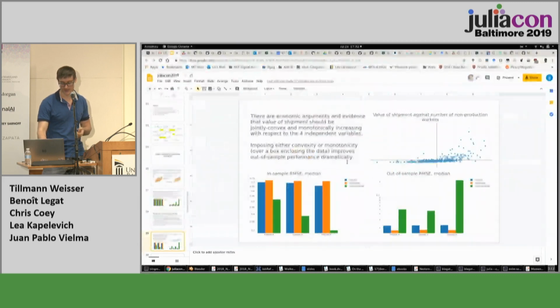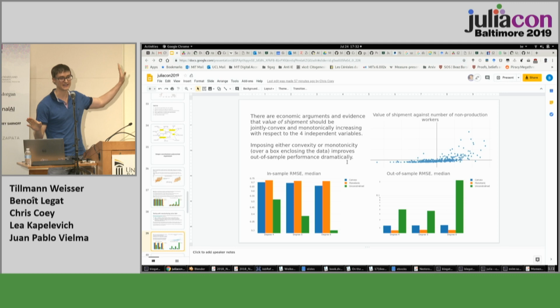In the blue we have imposing convexity, in the orange we have imposing monotonicity, and in the green we have no constraints. On the left we have in-sample root mean squared error, and on the right we have out of sample. Clearly on the left, the unconstrained is doing very well because it's able to overfit.